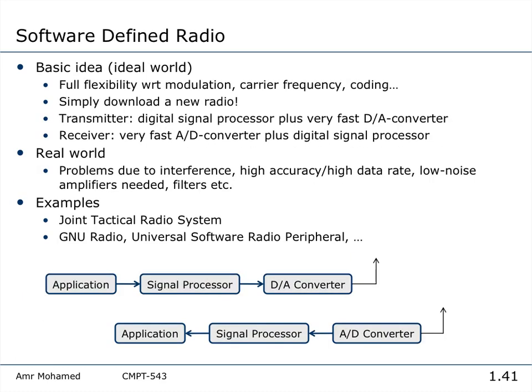So that caused the paradigm of software-defined radio. Software-defined radio talks about the fact that unlike the normal physical layer and data link layer implemented in hardware, now with software-defined radio, even the physical layer, or at least a good part of it, is implemented in pure software.